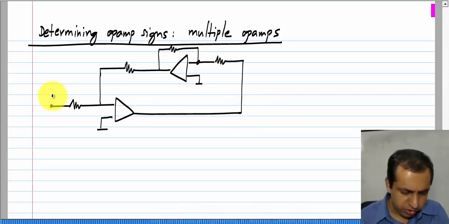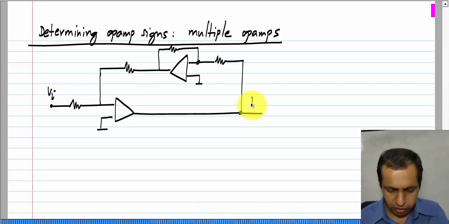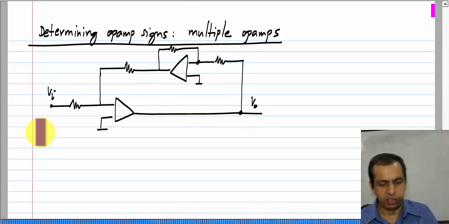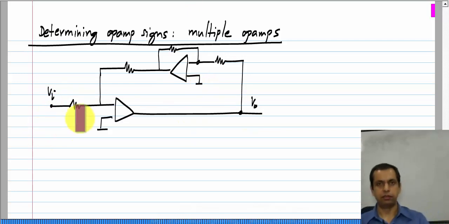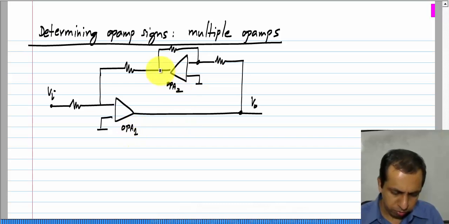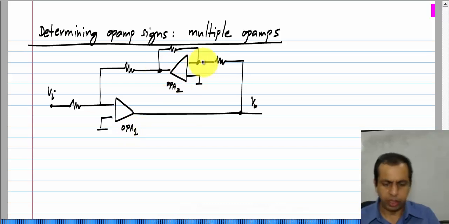Maybe the circuit has an input voltage here and an output voltage there, but these are not relevant to determining the signs. We know that we will deactivate the inputs while determining the signs. And let me call this OPA 1 and OPA 2.